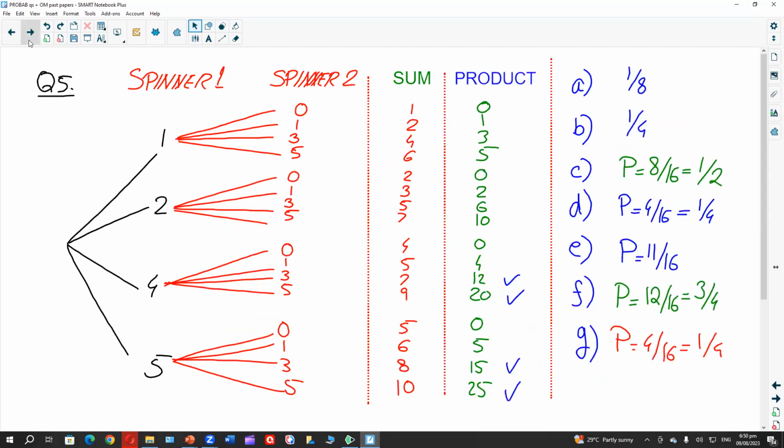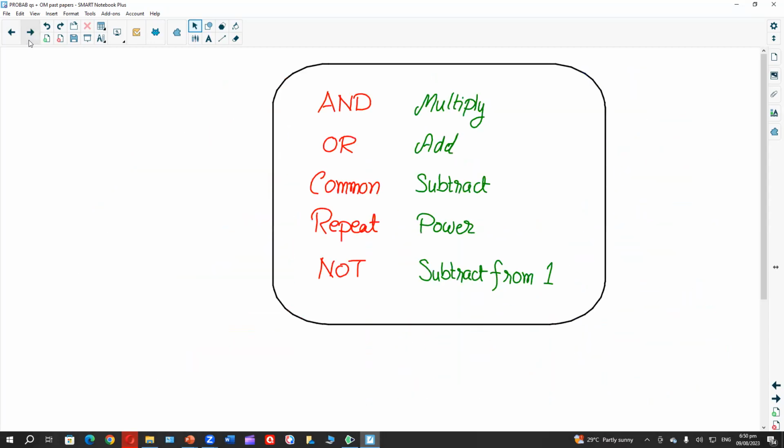Now, this is a very important card. You should go back to your notes register and remember and copy it with a very high marking, very important card. And means multiply in this chapter, or means add, common means subtract, repeat means power, not means subtract from 1. You have to copy this.